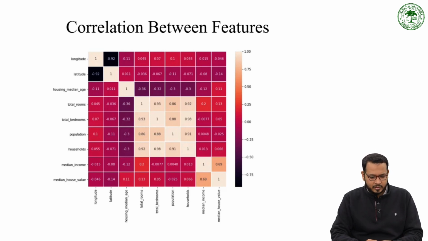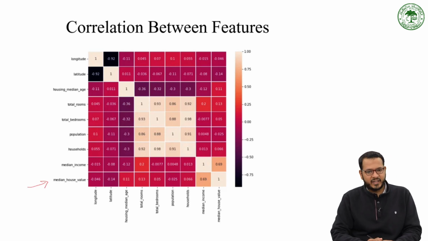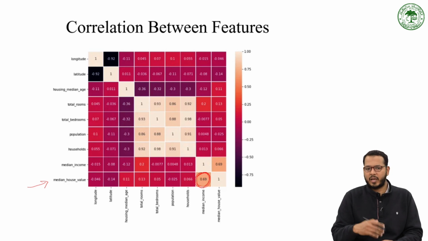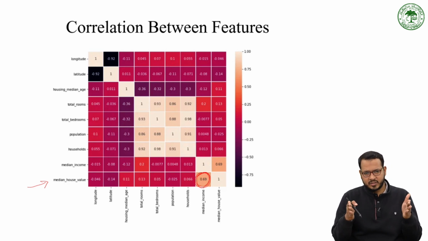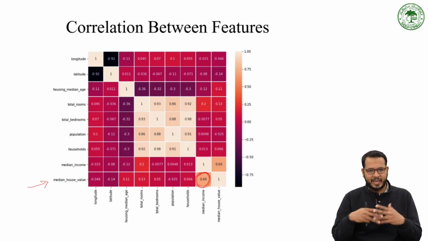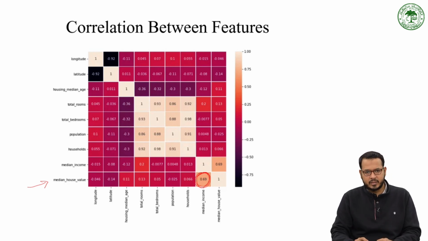But you can derive a few things like if we talk about the dependent variable, it depends highly on the median income in comparison to any other feature. So this kind of analysis, which features are related and what is the degree of correlation between them, this information can be gathered from this correlation matrix. We will discuss that in detail later.